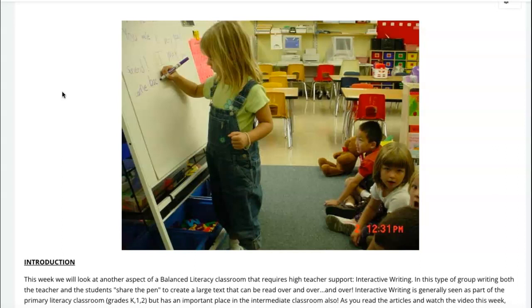I just want to mention a couple misunderstandings about interactive writing. The first misunderstanding is that every child must have a turn every day. The second misunderstanding is there must be a turn-taking sequence, maybe calling children up in alphabetical order or drawing popsicle sticks with their names on it from a can.